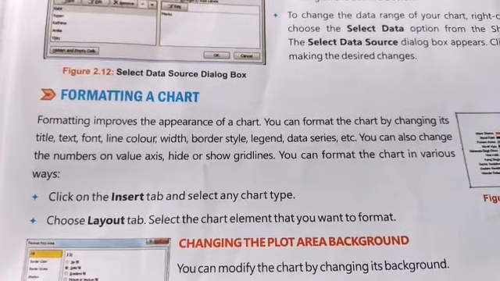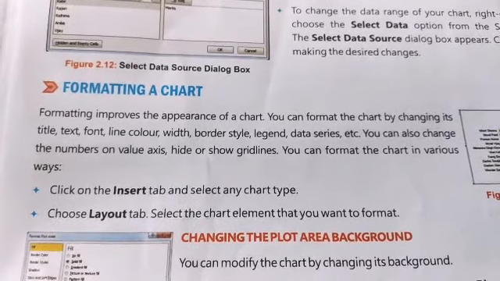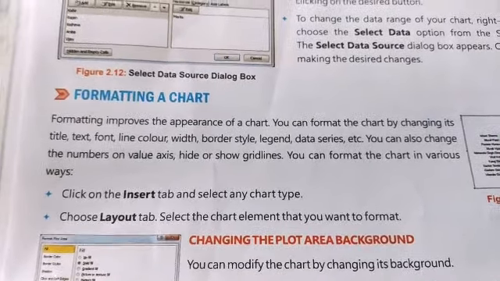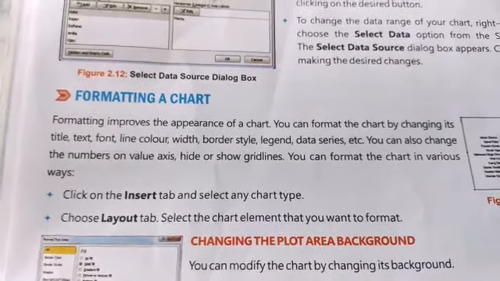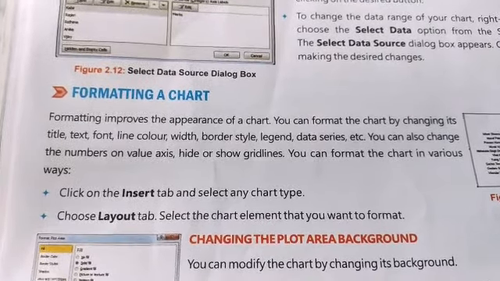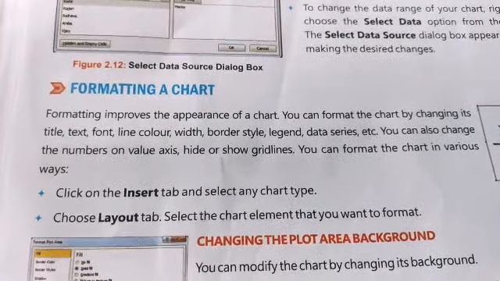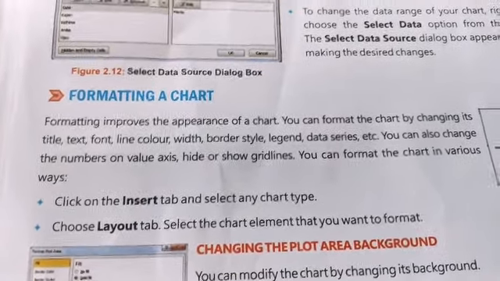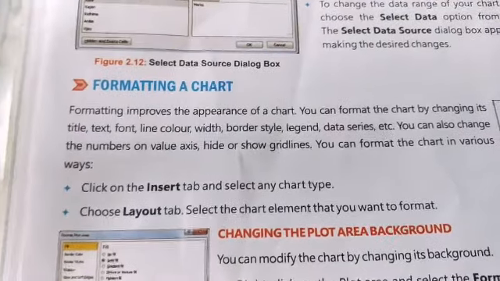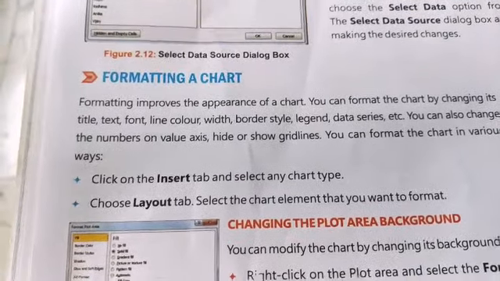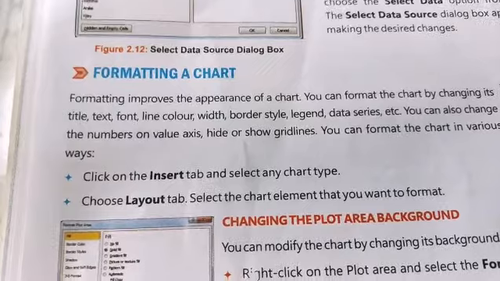You can change the value or axis or grid lines, and you can format the chart in all these different ways. All these things I will show you with the help of the practical also, but first you see the steps we have to go through to make the changes.